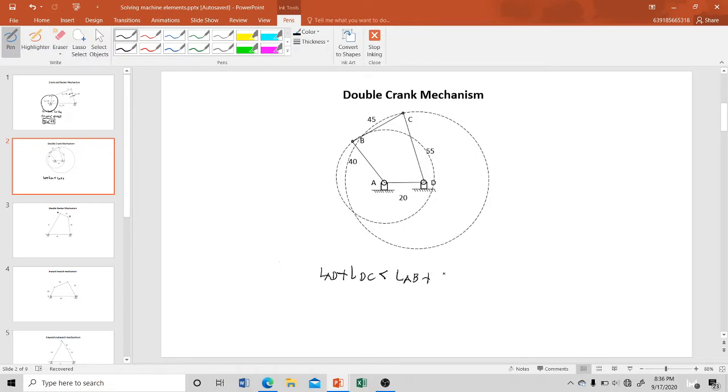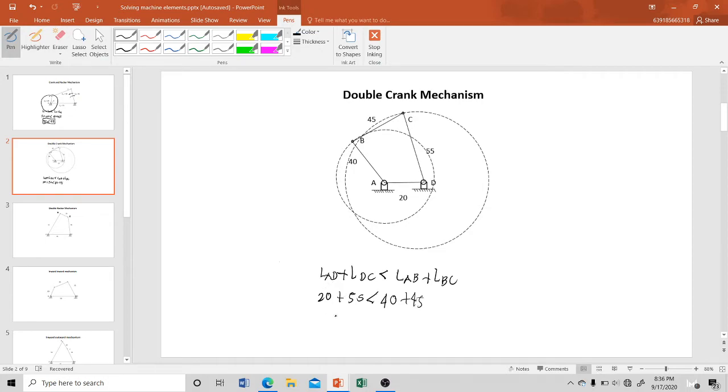plus length BC. So length AD, which is 20 plus 55, and then length AB is 40 plus length BC is 45.